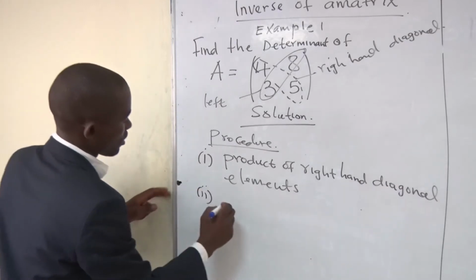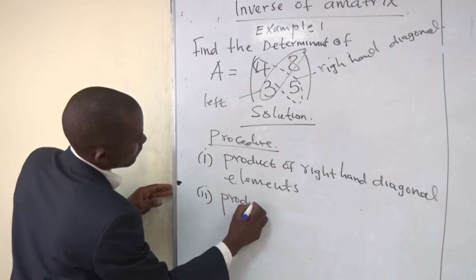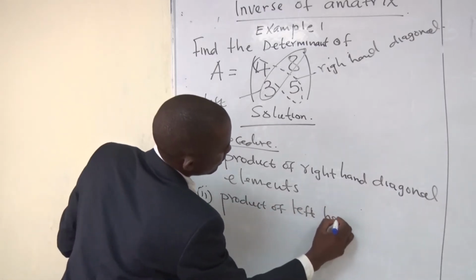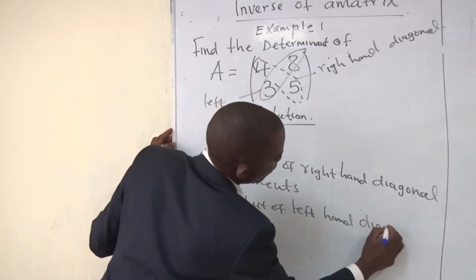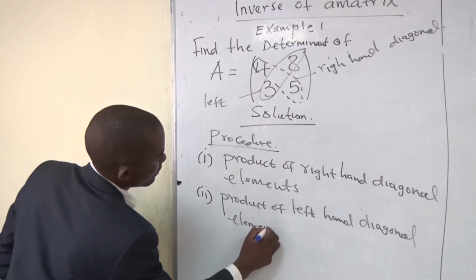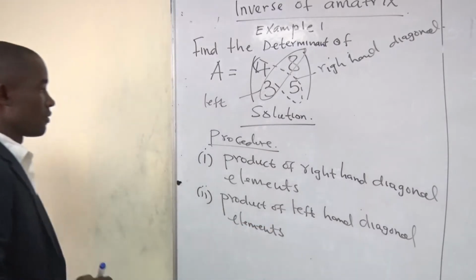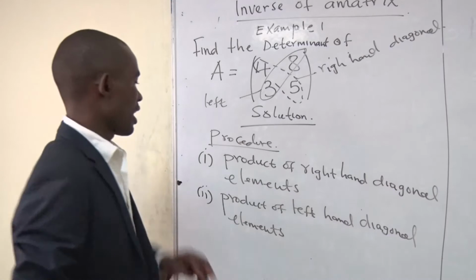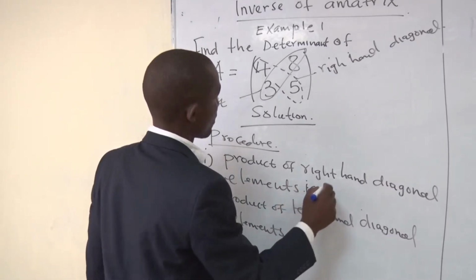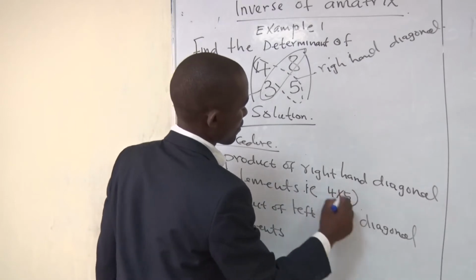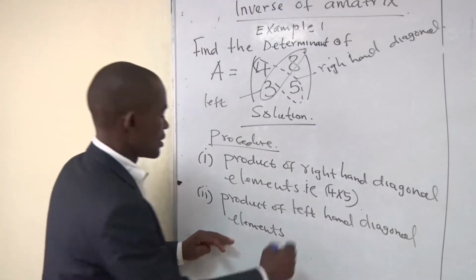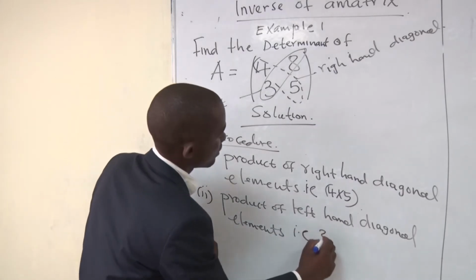Roman number 2, the product of the left-hand diagonal elements. The product of the right-hand diagonal elements here is 4 times 5. The product of the left-hand diagonal elements is 3 times 8.